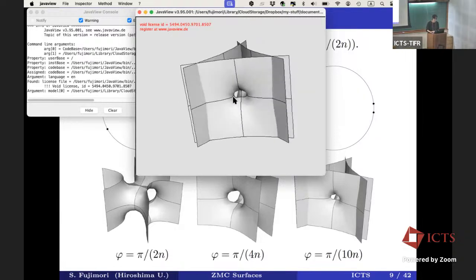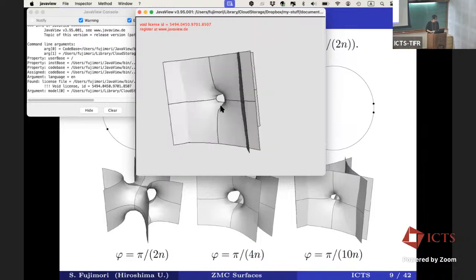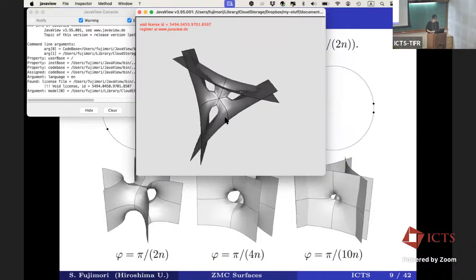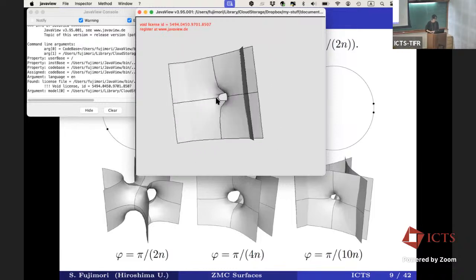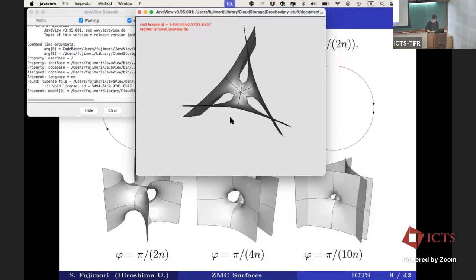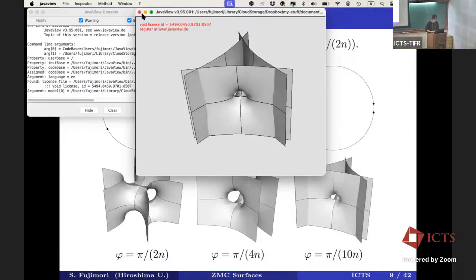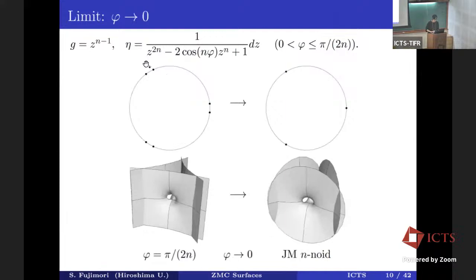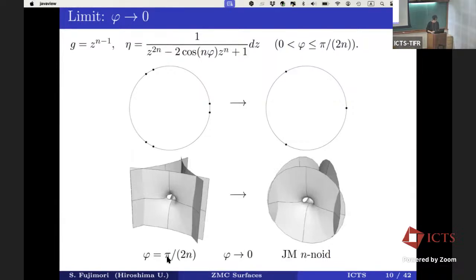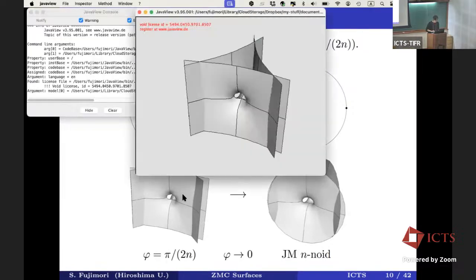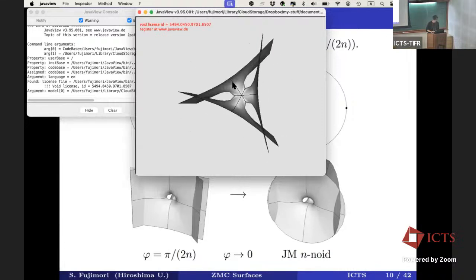It looks like the Georgios-Meeks surface, right? And as a limit, when phi goes to 0, we have the Georgios-Meeks surface.